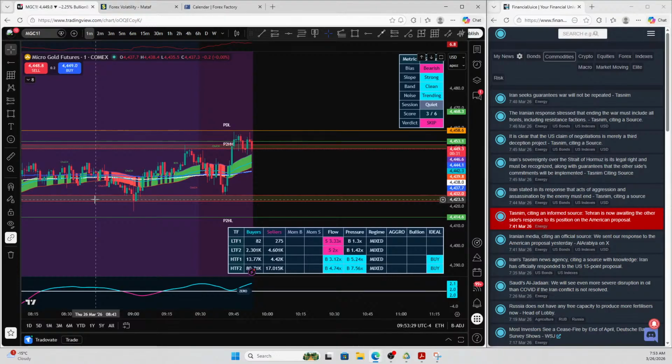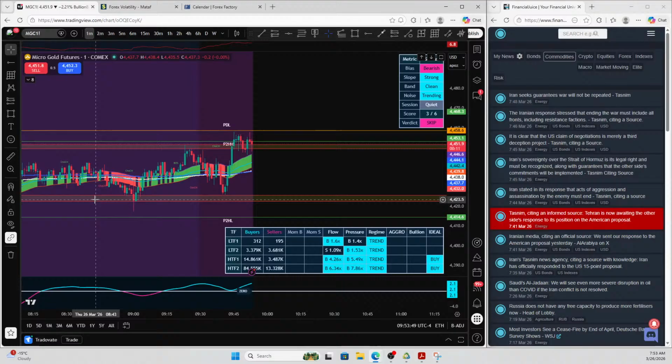Number two, your structure, whether it's bullish or bearish: bullish if price is moving above the band, and bearish if price is moving below the band. And then you have the volume, number of buyers versus number of sellers. Are buyers dominating or are the sellers dominating in the market?